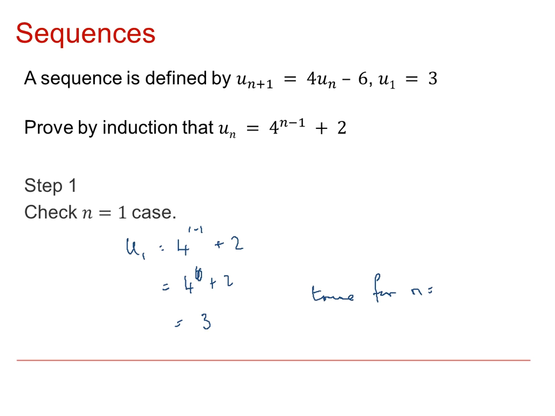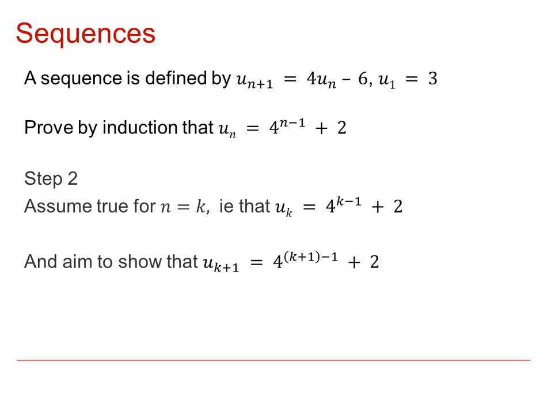We do indeed get the correct first term. The next step is to assume that it's true for n equal to k, in other words that uk is equal to 4 to the power k minus 1 plus 2, and then to show that it would also be true for the next value, u k plus 1. That will be equal to 4 to the power k plus 1 minus 1 plus 2.